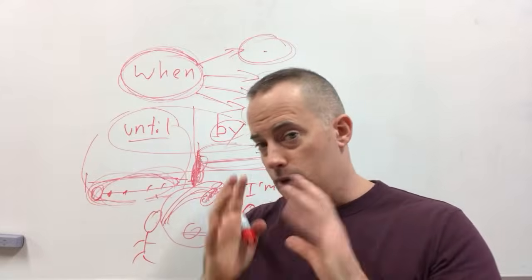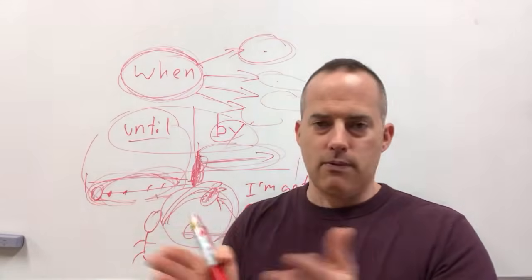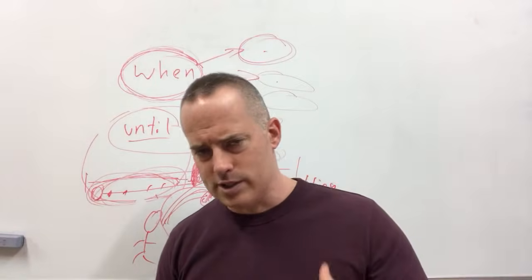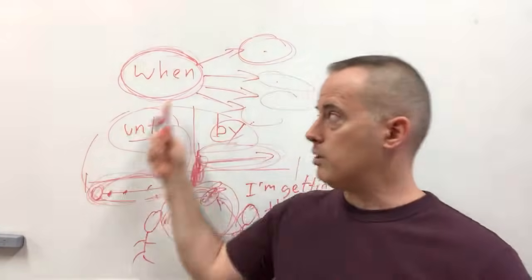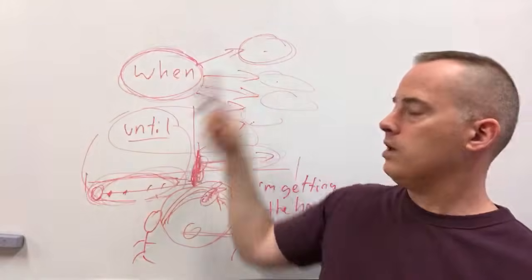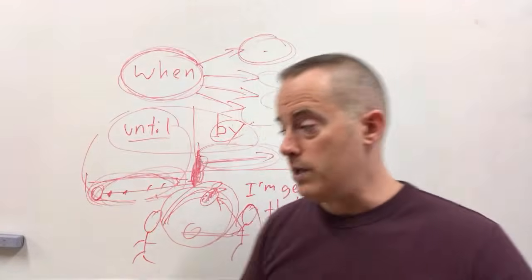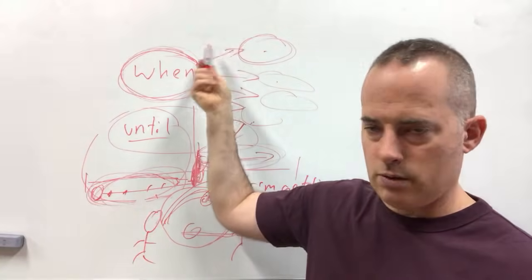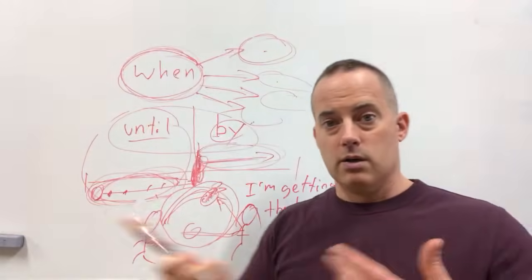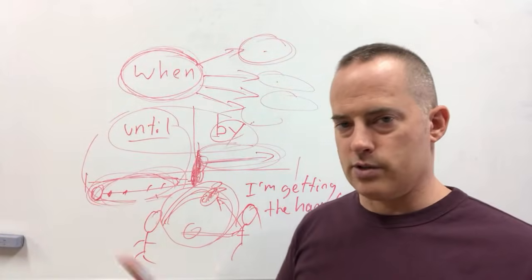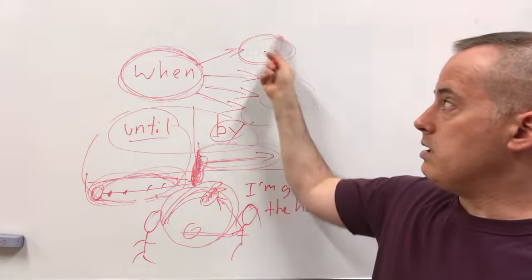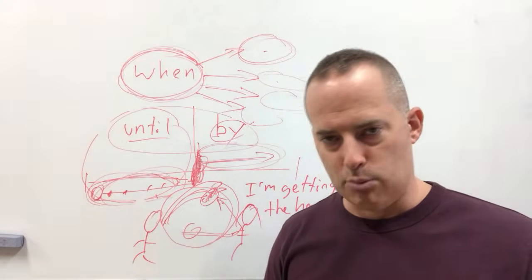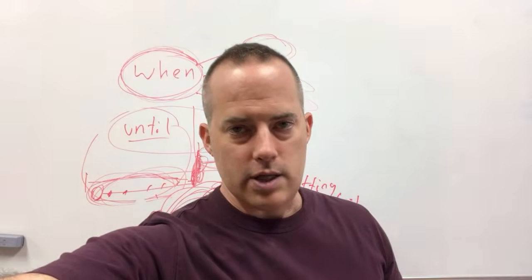And if I always say that at a certain time, like right before I eat, then the child will associate that, they will make that connection between the situation, so when something happens, and what people say. And so what I'm telling you is you can remind your brain, hey, give me more examples of this particular word or phrase. And you can also say, hey, what do people say in this situation? What are some other things people say? Because you could hear this one, I'm getting the hang of it, or you could hear you're doing it well, or you're improving, or you're getting better at something. There are lots of ways that you could express that thing.